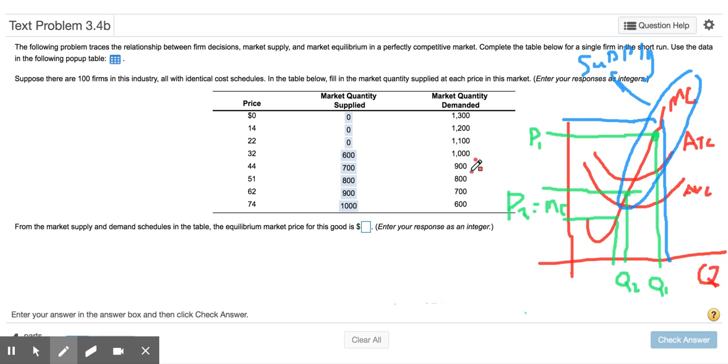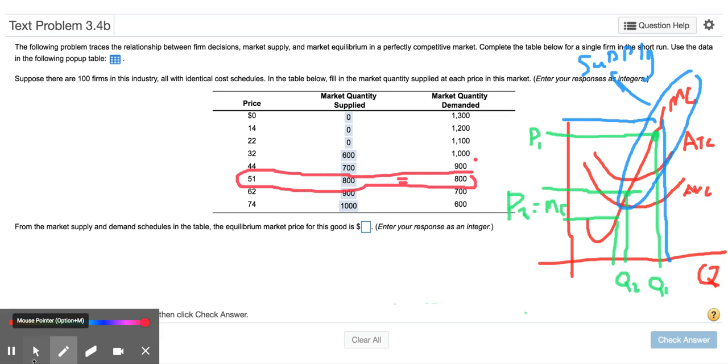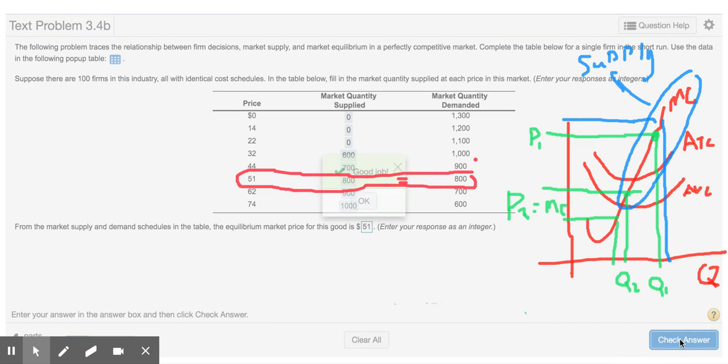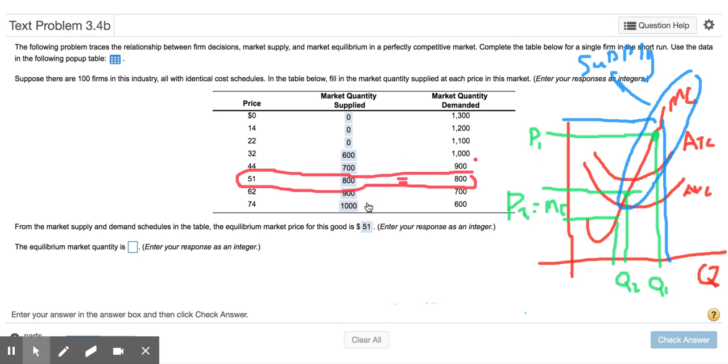So right here, this will be the equilibrium price, because market supply is equal to market demand only at this price. So the price is 51. Okay, the equilibrium market quantity, of course, is 800.